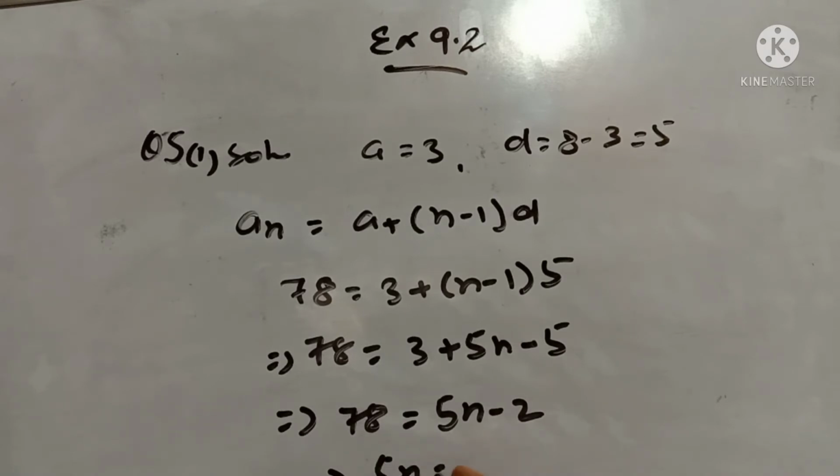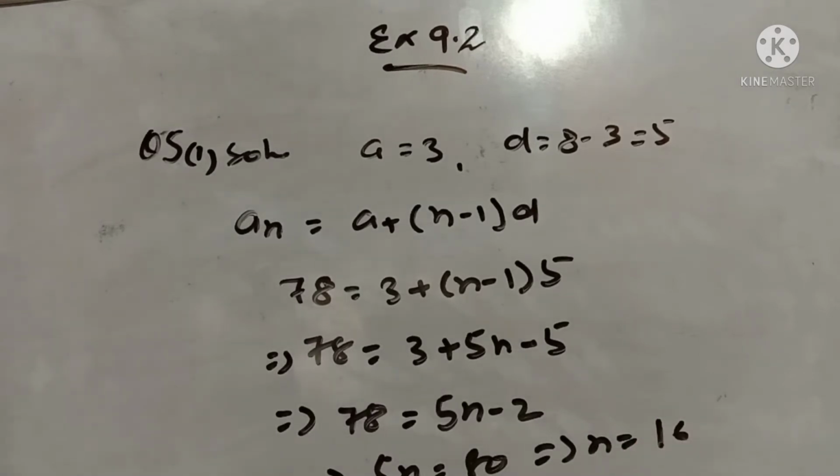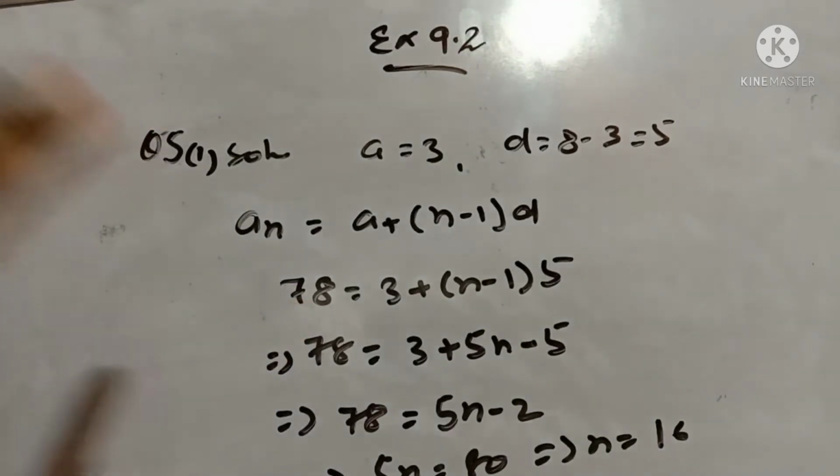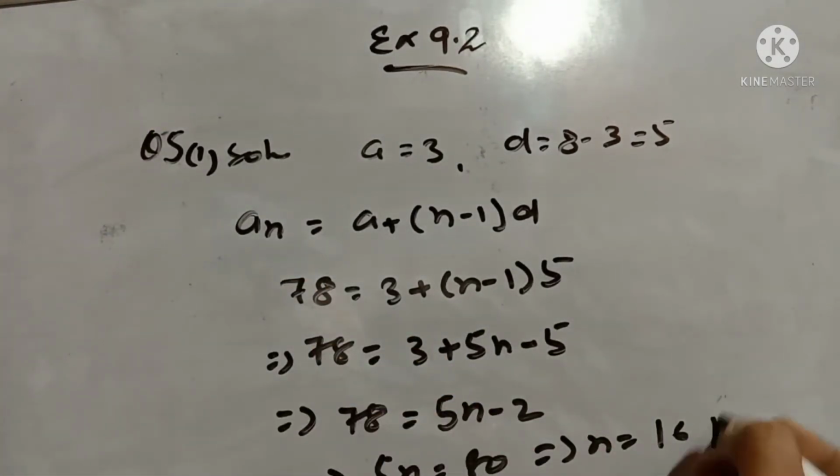Therefore 5n is equal to 80 and n equals 16. So 78 will fall in the 16th term.